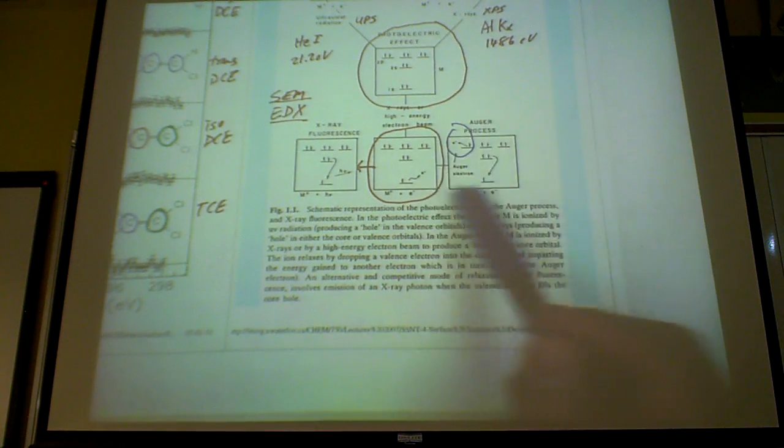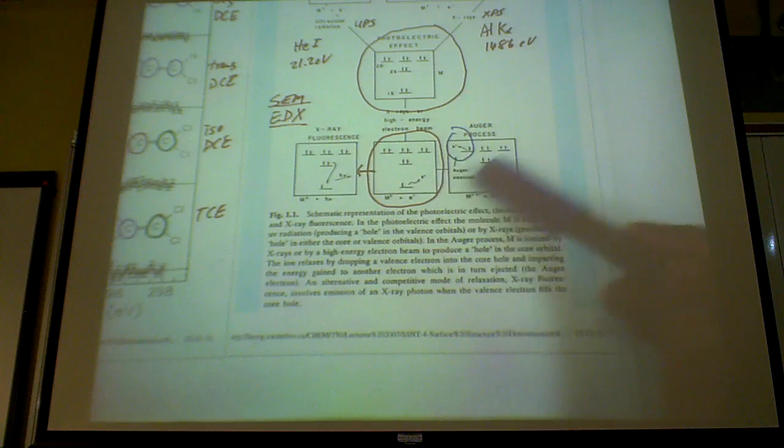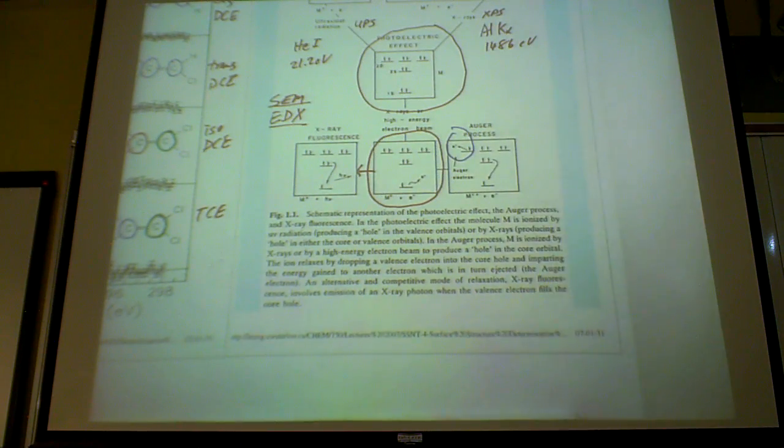Again, depends on the energy differences. We'll come back to this a little bit later on when we talk about surface examination, and we need to use something called the Auger process to select out the process related just to the surface, not to the bulk.